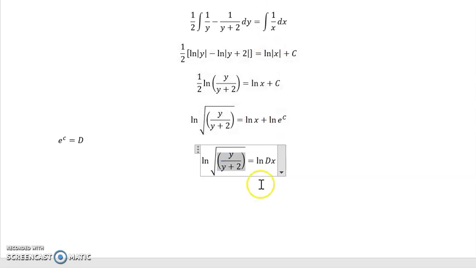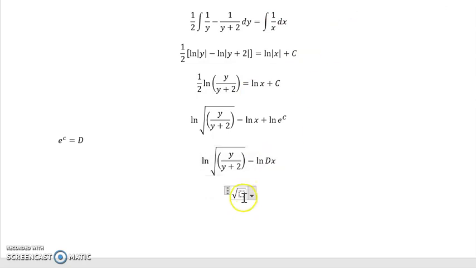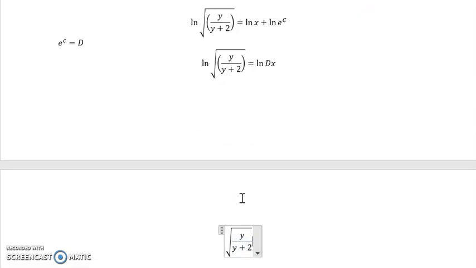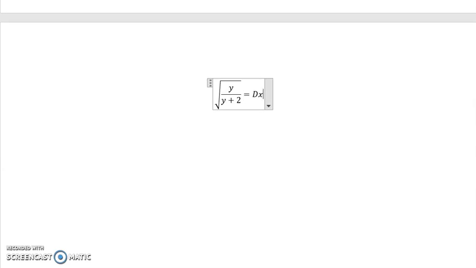Well, we can start over. Y over y plus 2 is equal to dx. And so now the logs are canceled.